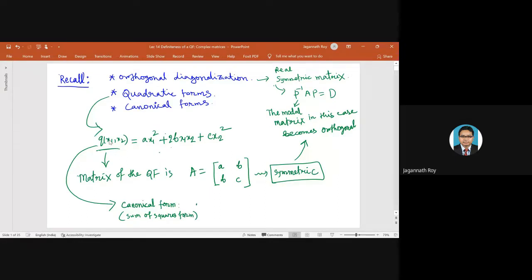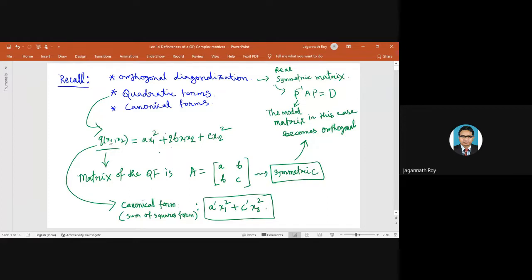So this will become some a prime x1 square plus some c prime x2 square. So this is what we have discussed in the last class.